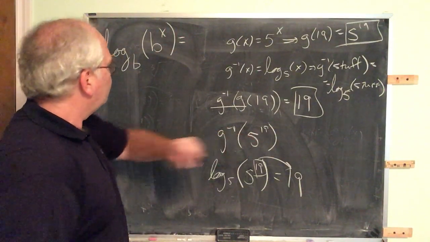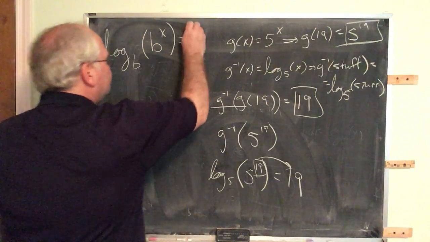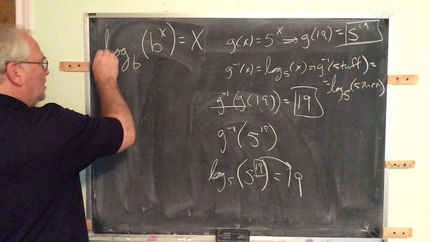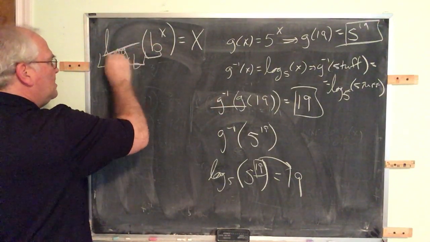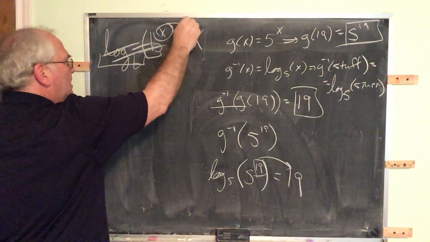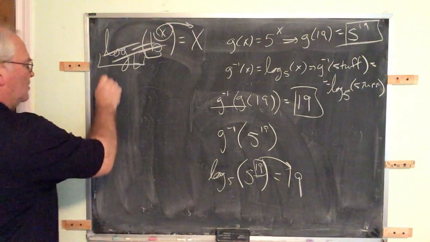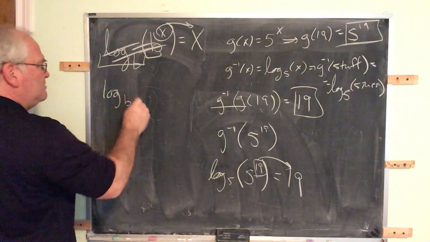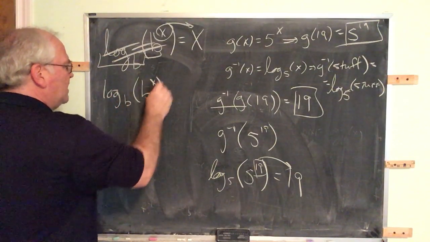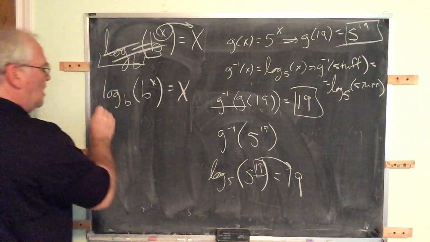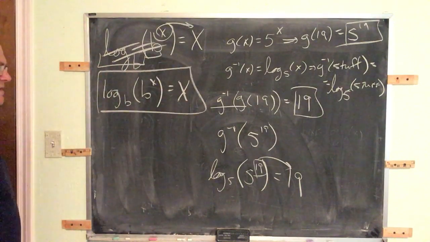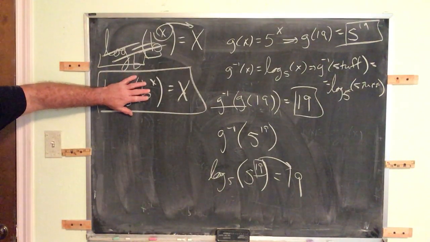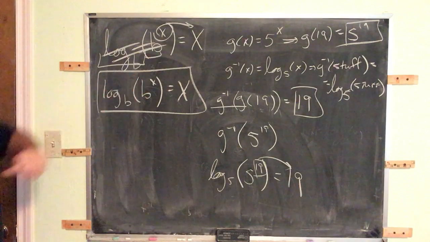It's equal to that exponent. When you apply logarithm and exponential in sequence, the result is that value. So log base b of b to the x is equal to x. When you apply them in sequence, they cancel.